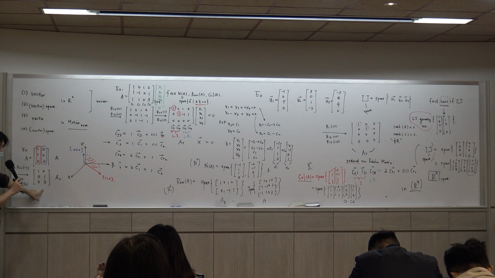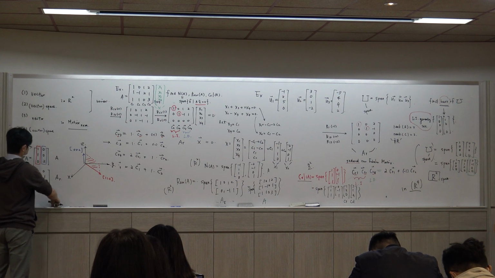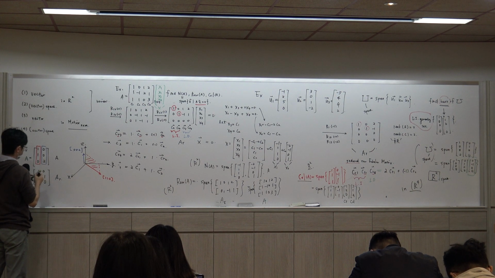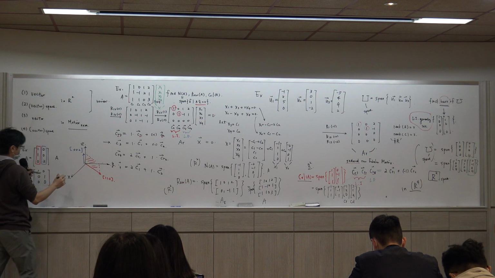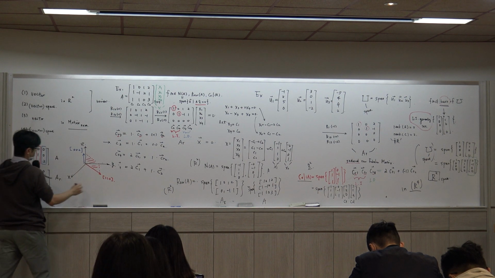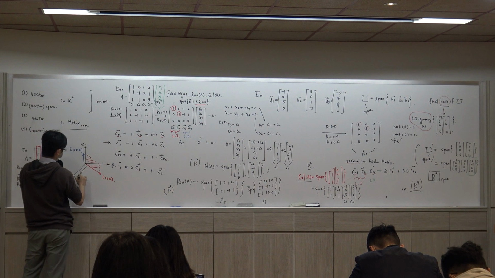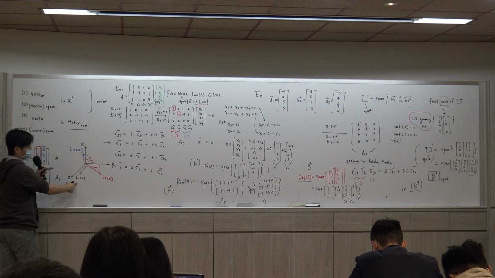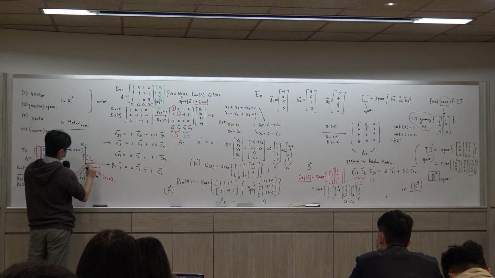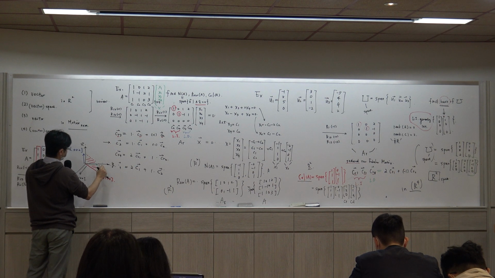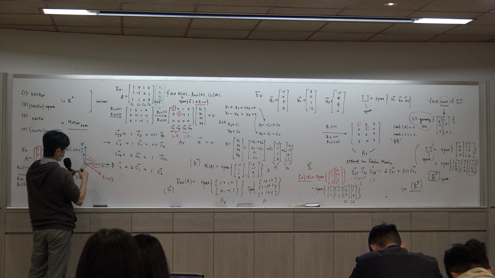Compared to this, 1, 0, 0 is in this direction, right? This direction is 1, 0, 0. Right?